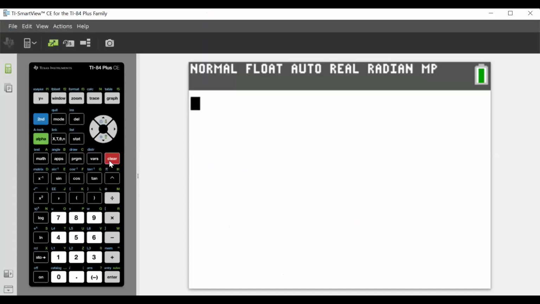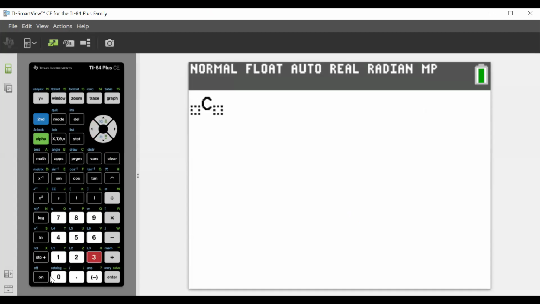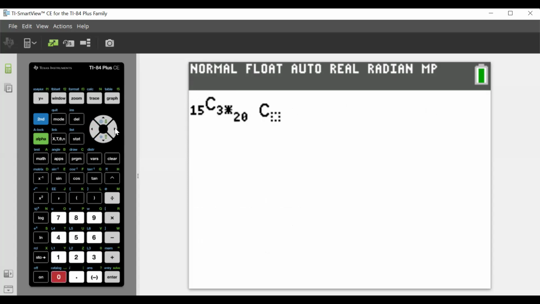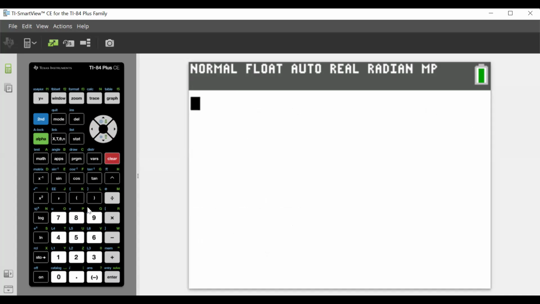All right, so the first one we had was 15C3, and then we had times 20C1, and that gives, oh, did I hit wrong? Oh, it took it down below. Never mind. That doesn't look right.